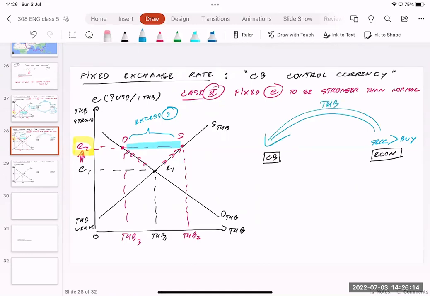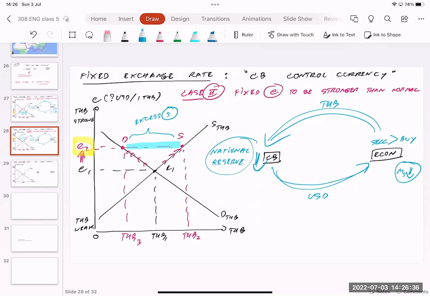When you sell Thai baht to the central bank, the money supply in the economy is going to be reduced. The central bank needs to pay you back in foreign currency like US dollars, so the foreign currency the central bank keeps in the national reserve will be reduced over time.